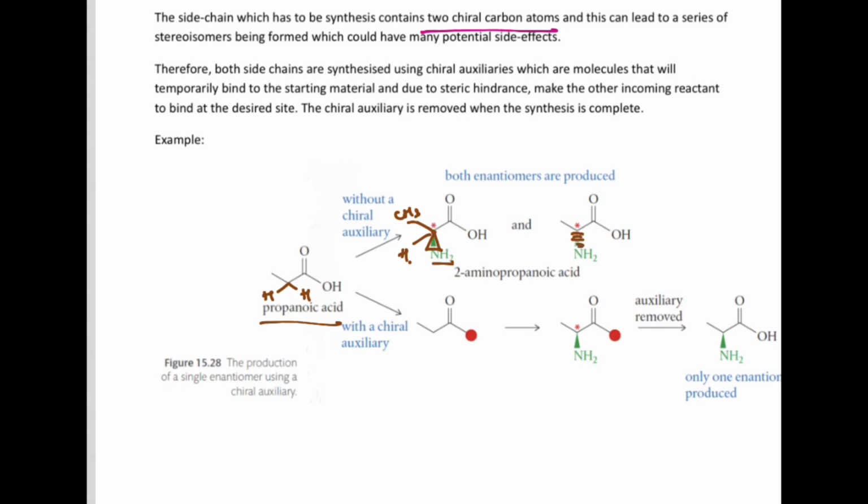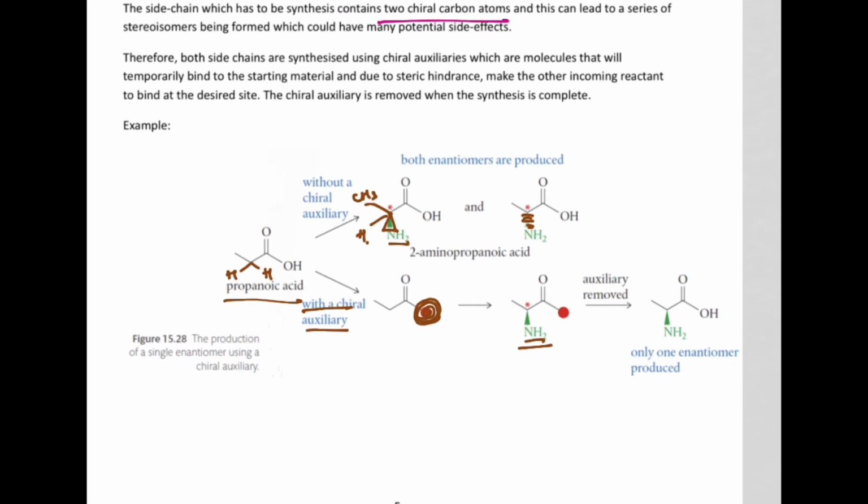one where the NH2 is at the back. Now, what we do, we insert a chiral auxiliary. So the chiral auxiliary is going to be inserted here temporarily. And this is going to provide steric hindrance. So this molecule might be big at the back, which forces the NH2 to be inserted in front of the plane, which means that we do not get 2 enantiomers, but we get only one.